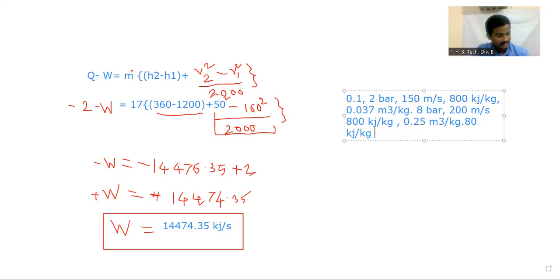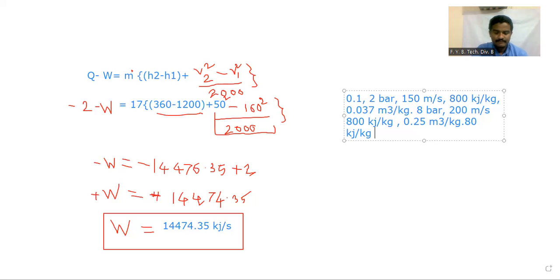I will repeat the statement. A steady flow thermodynamic system receives fluid at the rate of 0.1 kilogram per second with an initial pressure of 2 bar, velocity 150 meter per second, internal energy 800 kilojoule per kg, and specific volume 0.037 meter cube per kg. The fluid leaves the system with a final pressure 8 bar, velocity 200 meter per second, internal energy 800 kilojoule per kg, and specific volume 0.25 meter cube per kg.